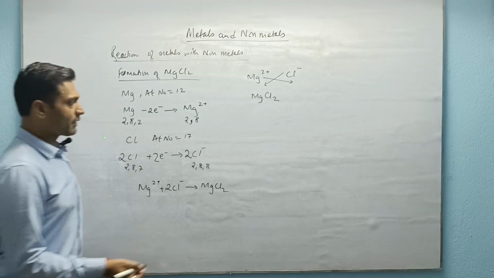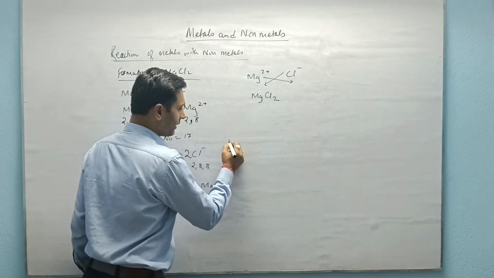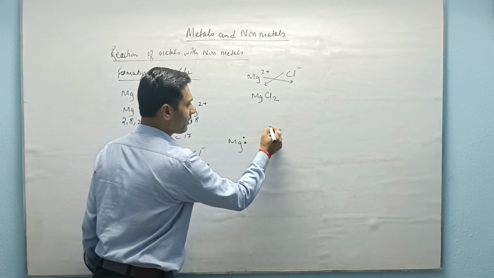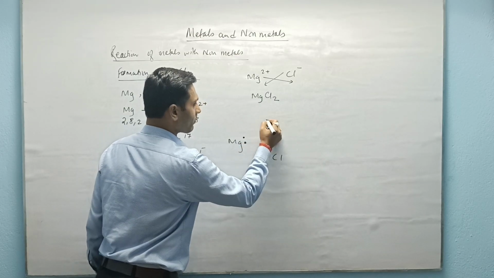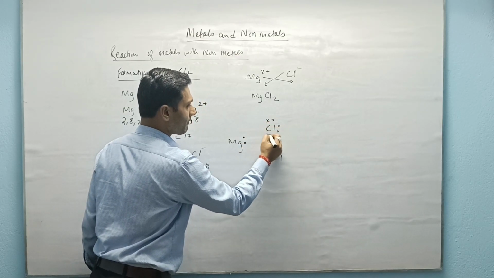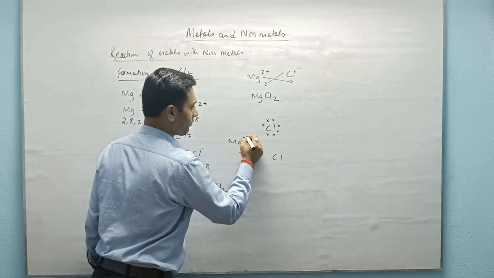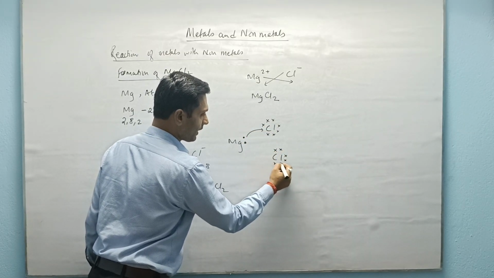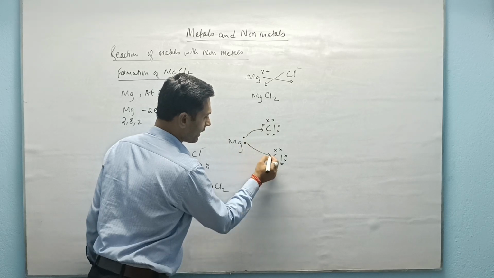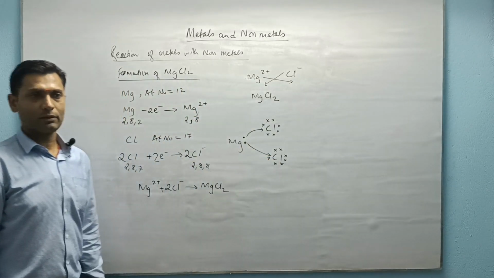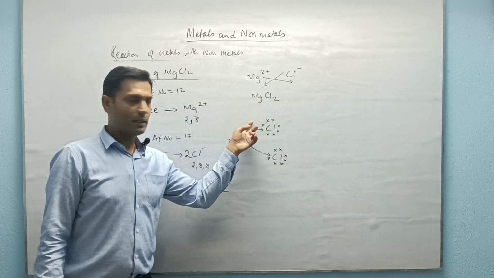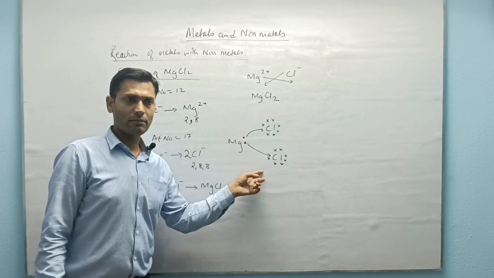So if you want to explain the electron transfer, then magnesium having 2 electrons in the outermost orbit will give 1 electron each to chlorine. 1 electron here and 1, 2, 3, 4, 5, 6, 7 and 1 electron here. Magnesium will give 1 electron to one chlorine atom, another electron to another chlorine atom.